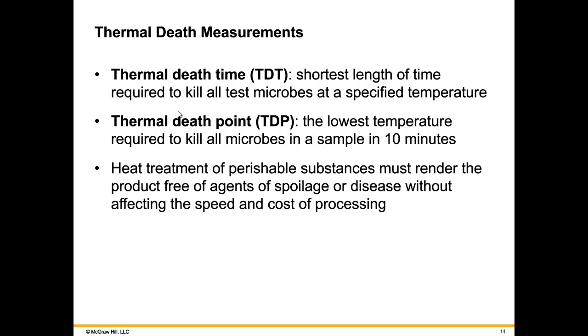This is relevant especially for perishable substances, or if we don't want to heat something too much to decontaminate it because it might spoil, curdle, or melt. So it helps us determine how we're going to decontaminate something.